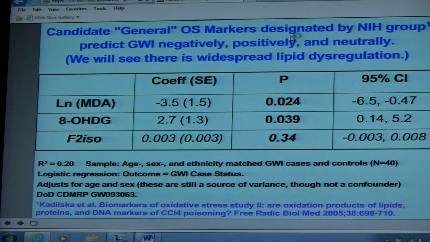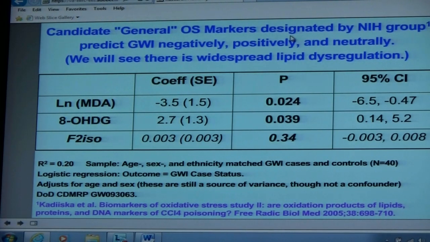So this is starting to get at the issue of both oxidative stress and also lipid-related markers in Gulf War illness. And an NIH group defined 3 candidate general oxidative stress markers, and these were malondialdehyde or MDA, F2-isoprostanes, abbreviated here as F2-iso, and 8-hydroxydeoxyguanosine.